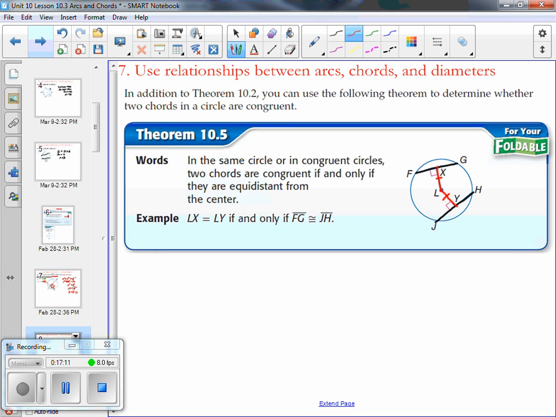If the red segments are congruent, the chords are equidistant. If the chords are equidistant, they're congruent to each other. And vice versa. If the chords are congruent to each other, then they're equidistant. And if they're equidistant, then those two red segments are congruent. Everybody with me on that?